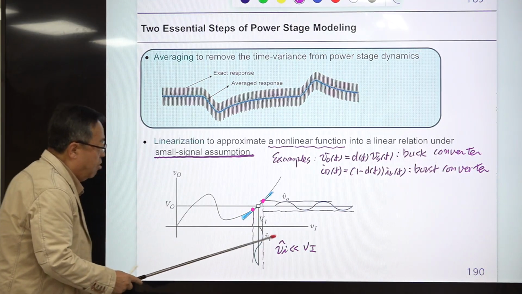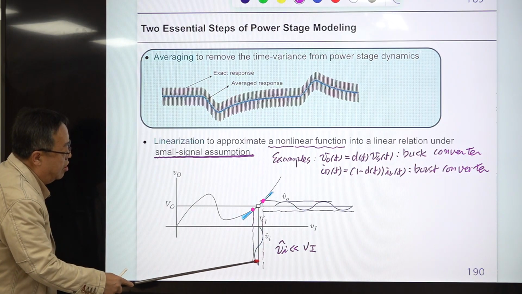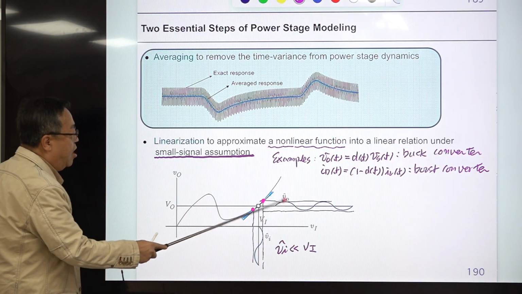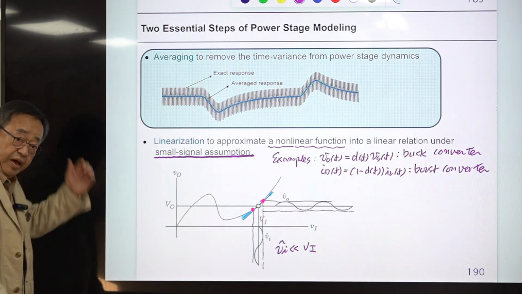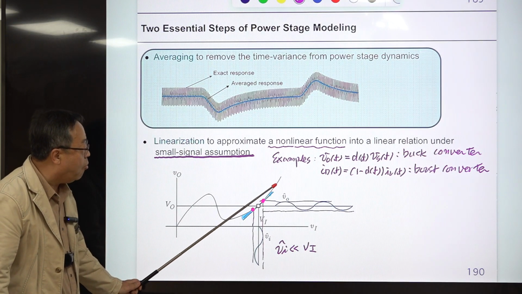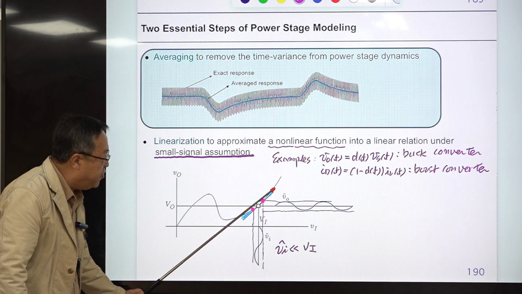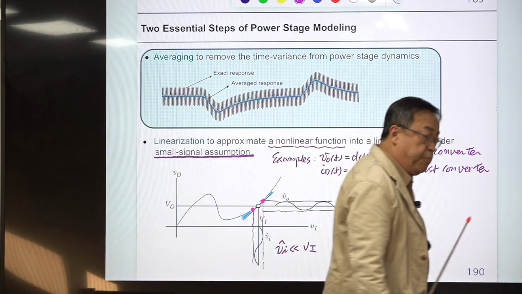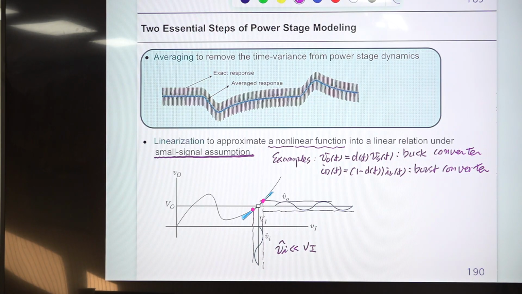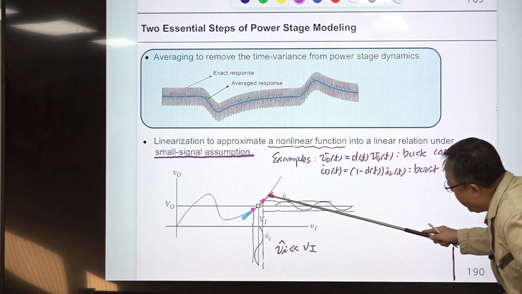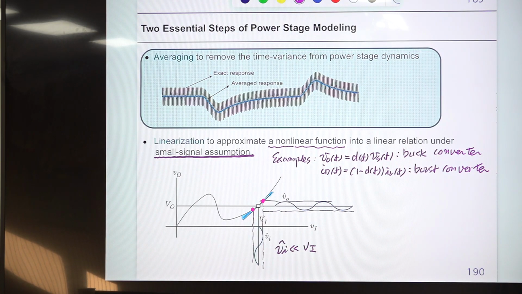Okay, consider this sinusoidal component as the input, and consider this sinusoidal component as the output. Then we have an input-output relationship, AC input and AC output. Then the gain is just the slope of this nonlinear curve at this operating point. So this is a very simple explanation of the concept of linearization, and the area shaded with this blue line is the error which will be incurred during this linearization process.